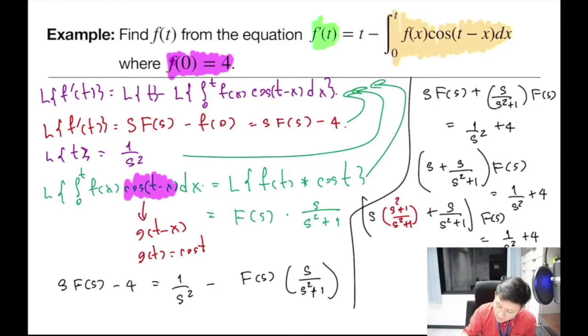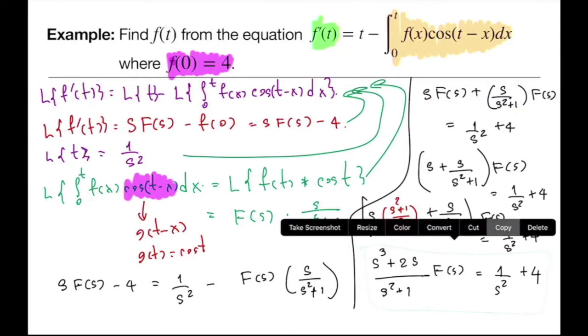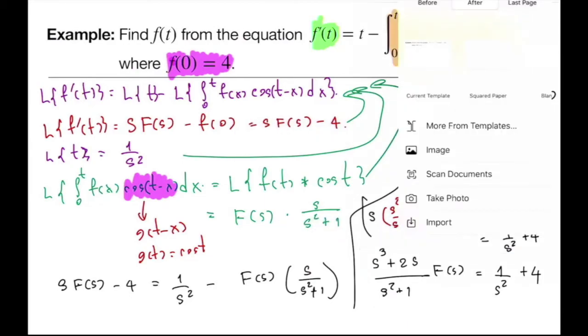And this would be s cubed plus 2s divided by s squared plus 1, times F(s), equals 1 over s squared plus 4. Oops, sorry. Next I'll copy this to the next page.